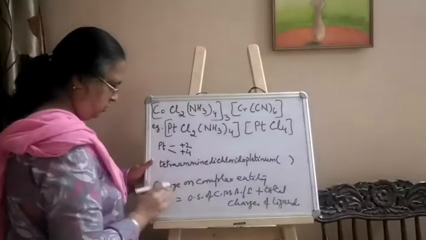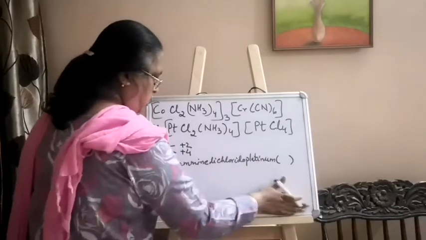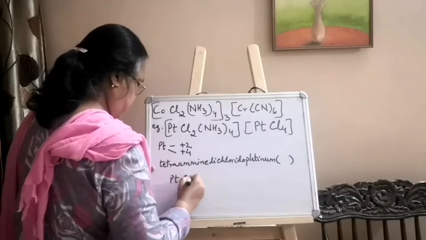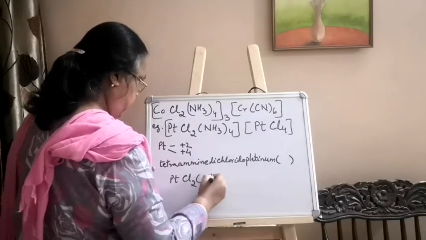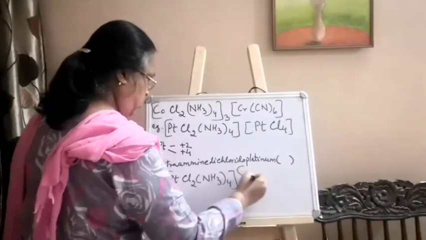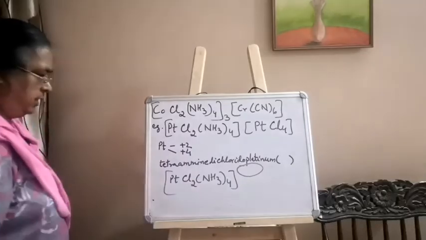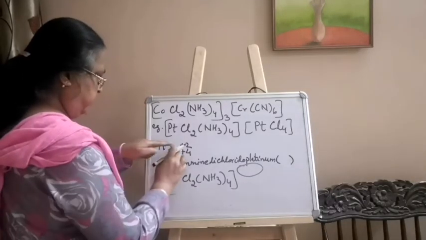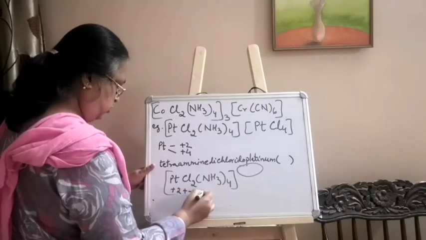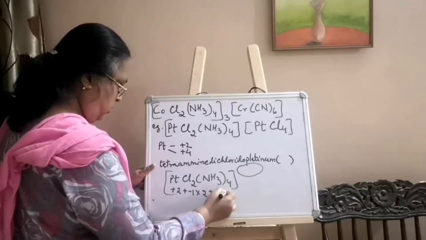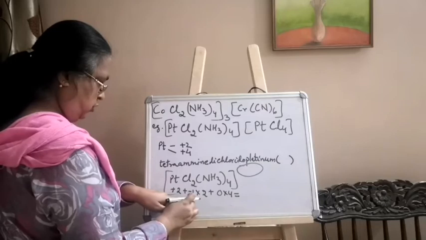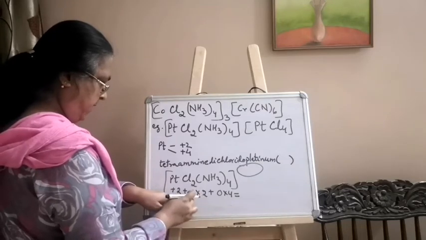I will show you how, making use of this formula. I'll take up this part, PtCl2(NH3)4, and I have to know what charge we can put over here. If platinum is plus 2, then minus 1 into 2 plus 0 into 4 is minus 2.